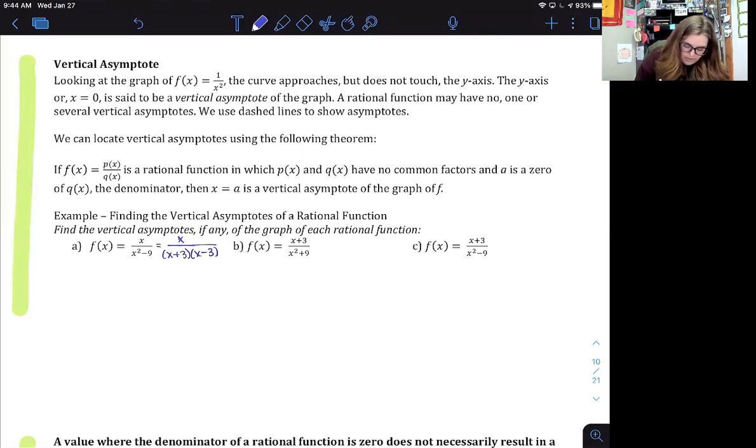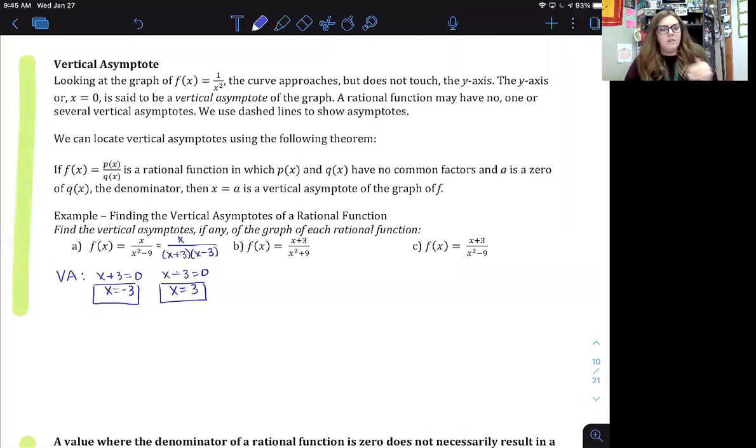So for our vertical asymptote, which I'm always going to abbreviate VA, we're going to set each of these equal to 0. So x equals -3 and x equals +3. And those are the equations of the lines of your vertical asymptotes. We're going to talk about how to graph those tomorrow.